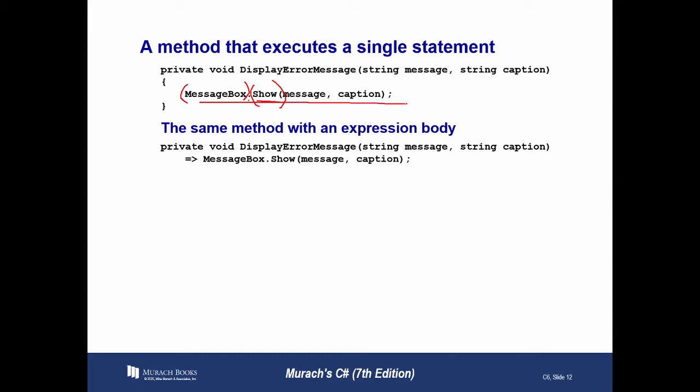You can see that the first parameter is a string message, and then there's a string caption. But what's important is that Show is a special kind of function that outputs to our actual screen.